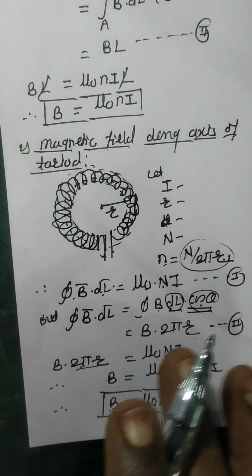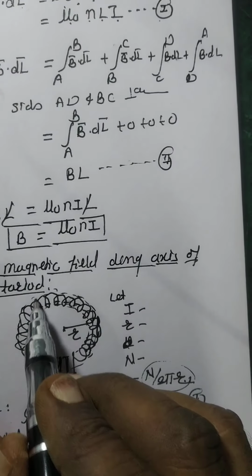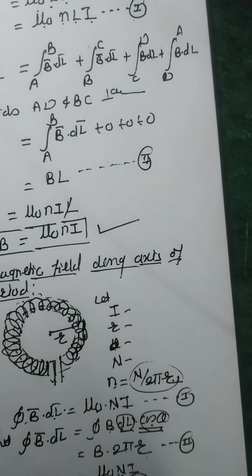This is magnetic field along solenoid, magnetic field along toroid. दोघांचा फॉर्म्युला सेम आहे.